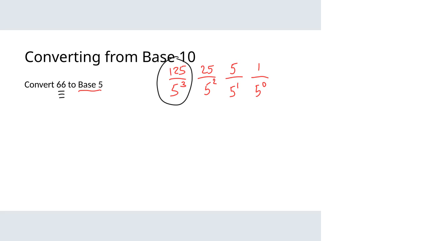Okay, so if we have 125 and we don't have anything else, we're already at 125, which is too big. So we won't need any of those.